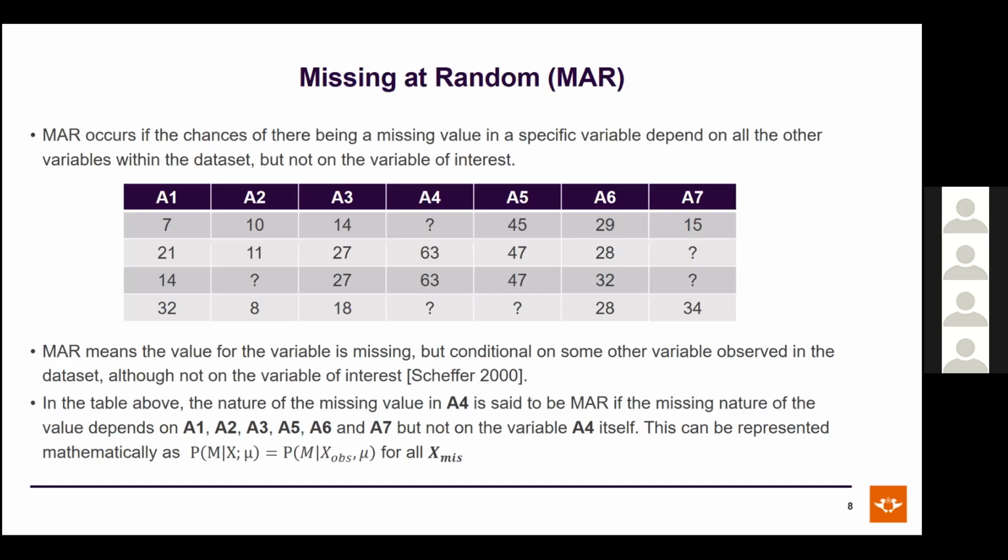Delete row 4 because A4 and A5 are missing. We can also delete rows 2 and 3 because A7 is missing. Now you're basically going from 4 records to 0. Why? Because your traditional method says, okay, if there's missing information, delete that record.